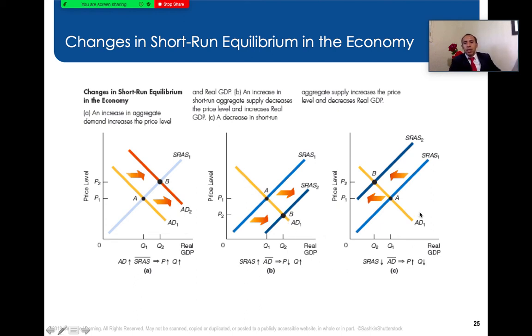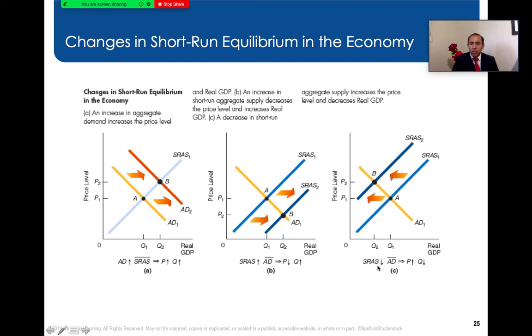Now, graph C indicates a decline in the aggregate supply curve. I know some viewers may think the supply curve is actually increasing because it's going up, but look at the origin. If the supply curve is shifting left, there is a decline.